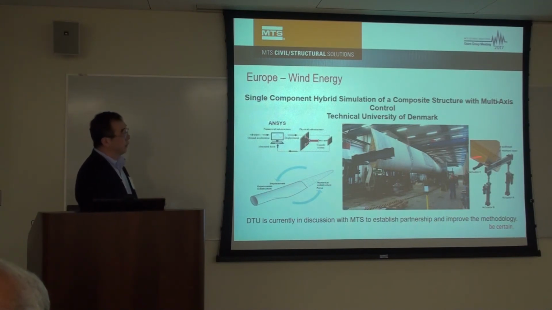So we test part of the structure and model part of the structure. Some specimens are really huge, and some of the blades are 120 meters long. So the lab is not long enough, and they only test a part of the blades and model the rest.